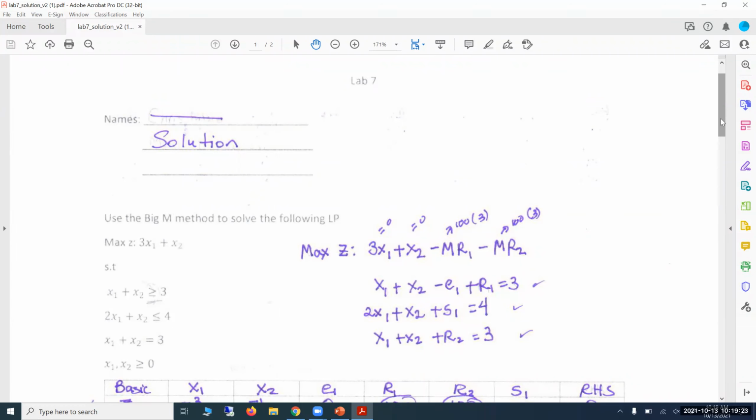For the first constraint, you have a minus e1 plus r1. For the second constraint, you have the slack variable. And for the third constraint, you have only an artificial variable. The names should be different. So if you have two artificial variables, you should name them differently. I'm using R1 and R2. It doesn't matter the number. If you want to call them R100, R2, as long as they're different names, then you're fine.